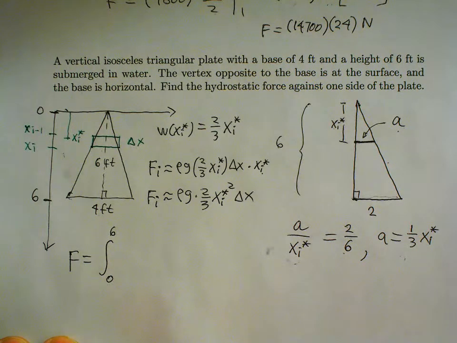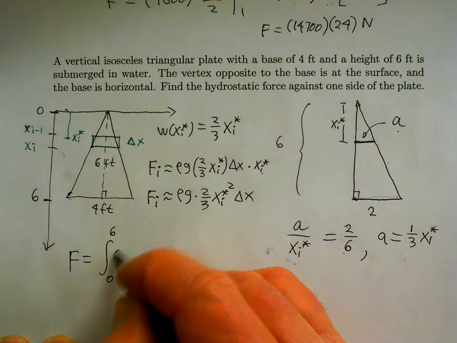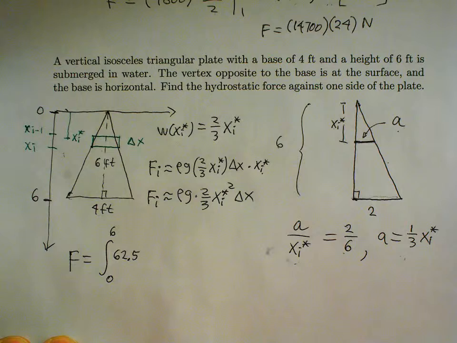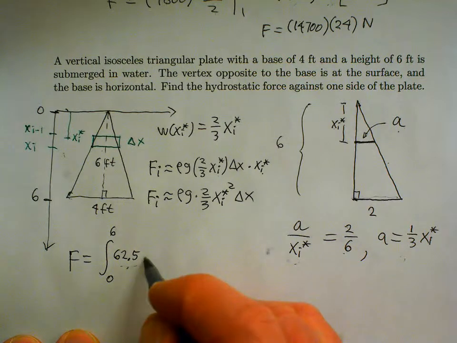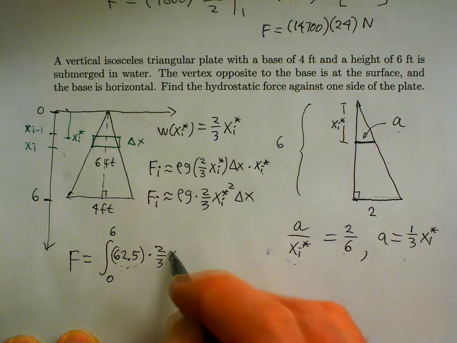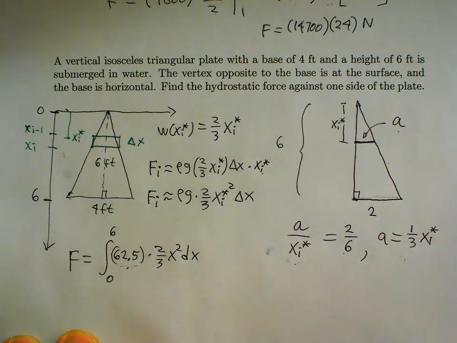In the US customary system, rho times g is 62.5 pounds per cubic foot, so 62.5 is the rho times g. And then times 2/3 x squared dx.